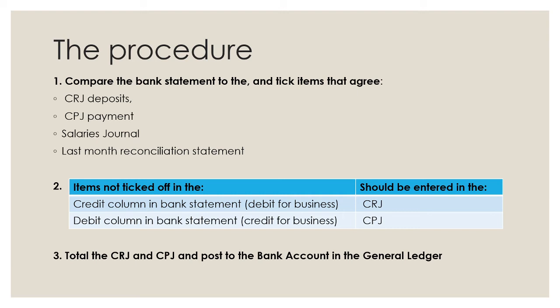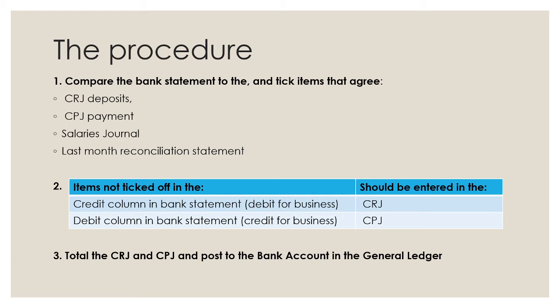So maybe a tenant paid directly into your bank account and you didn't bring that into your books through your CRJ. So then you're going to bring it in your CRJ. The next step is your CPJ. We always start with your deposits because they are less, and then you go to your CPJ.